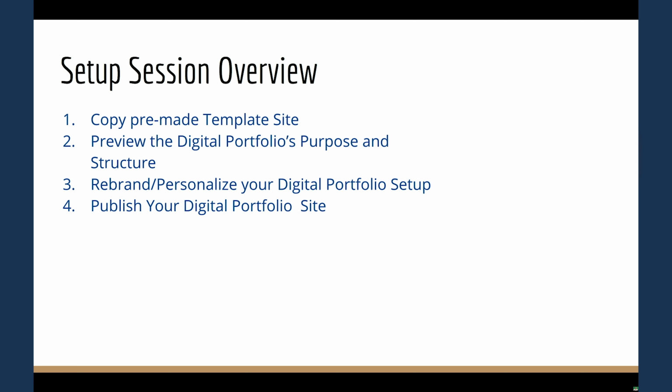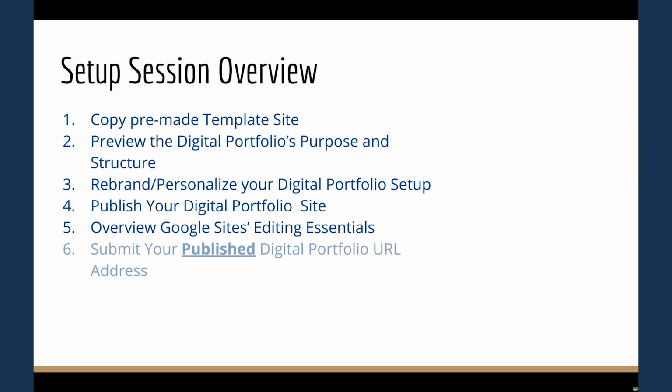Then you're going to publish that site, and we'll take a look at how we can add content to that site, briefly. And finally, you'll submit your published URL address at the very end of this training to prove that you were able to create your own digital portfolio site from the template provided at the beginning.